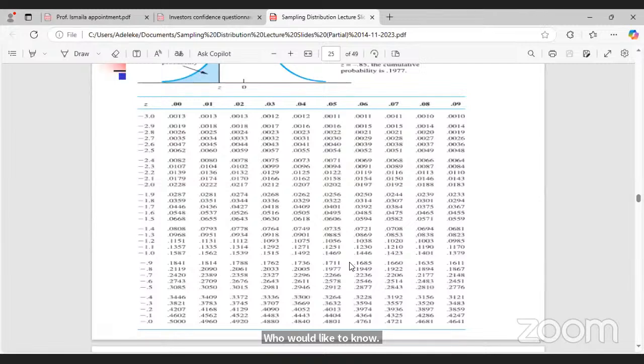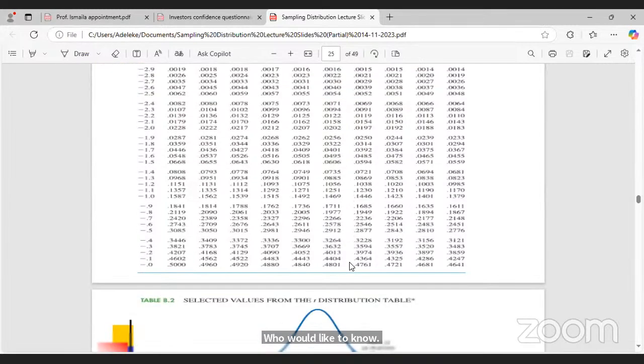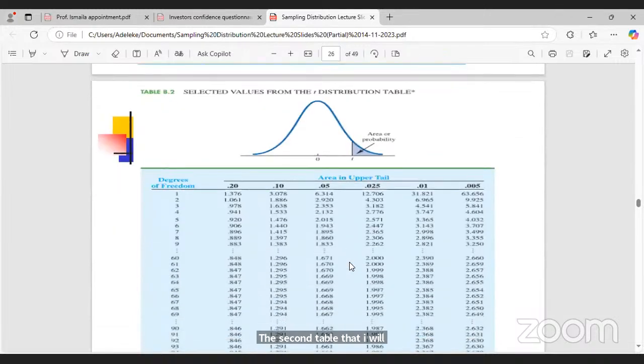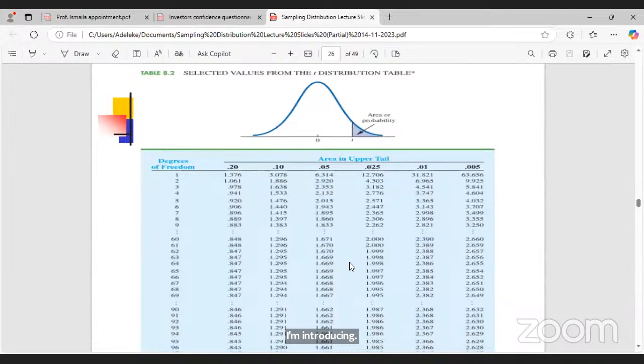So let's move to the second table that I'm introducing before we continue with our estimation. This table is called the student T table. Sometimes it's simply called the T distribution table.